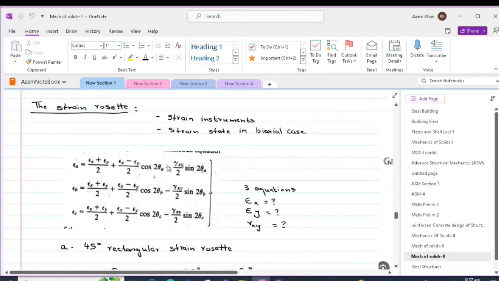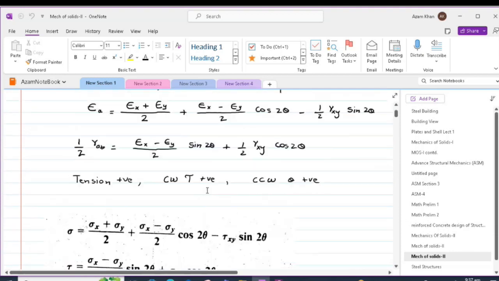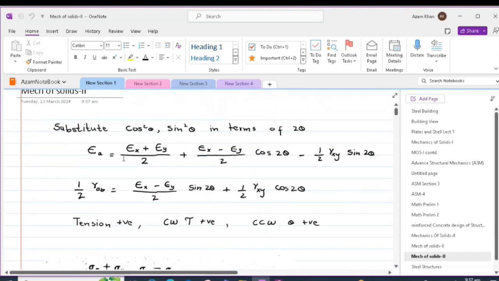So, in the preceding article, we determined the strain transformation expression for axial and shear strains. In order to find our axial strain and shear strain, we need strain X, strain Y, and the orientation of the strain state theta.